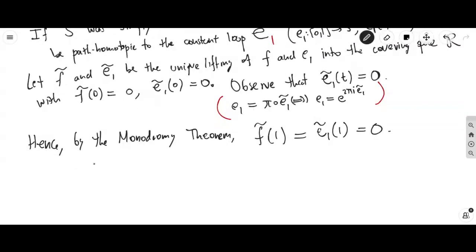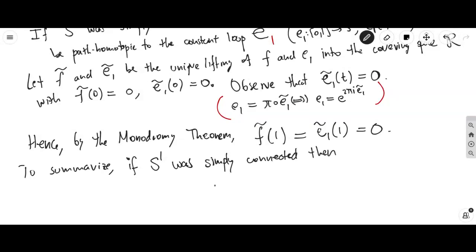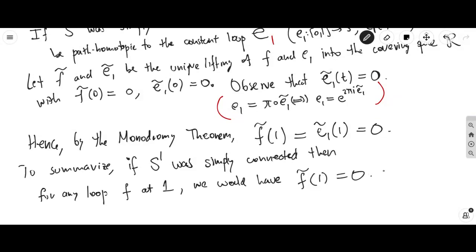Okay, so to summarize, if S1 was simply connected, then for any loop f at 1, so that's where it's located at, we would have that if you lift it to the covering space, then its terminal point will have to be equal to 0.